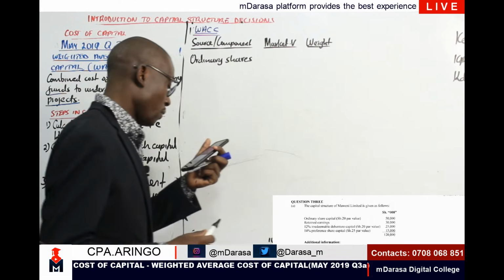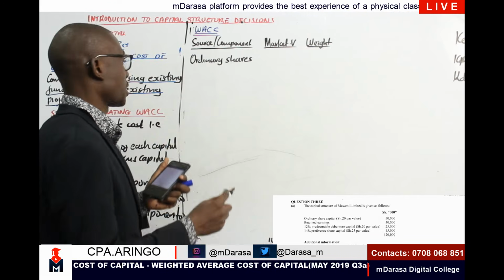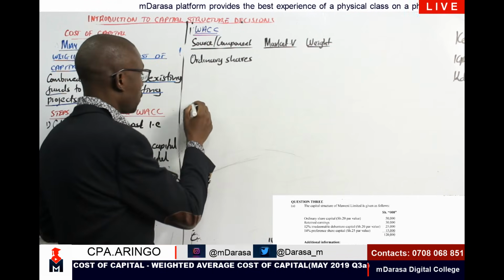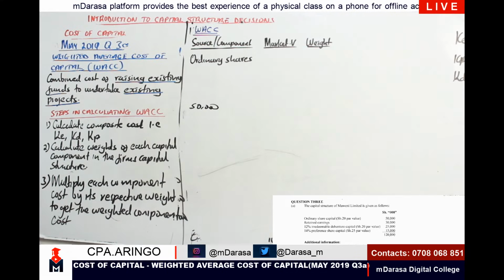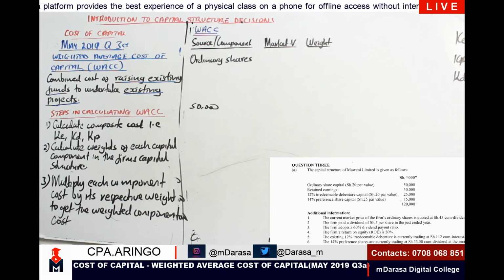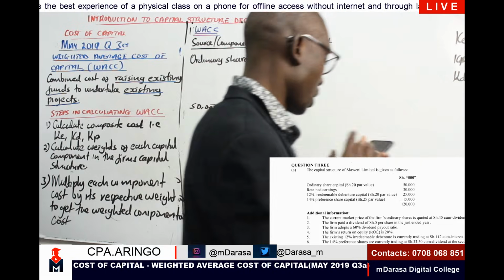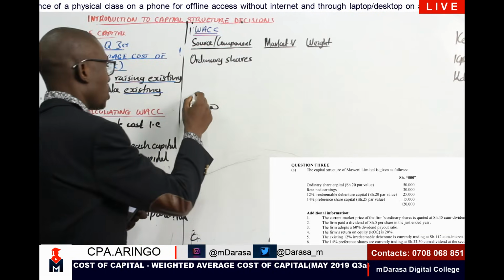So our capital structure constituted of 50,000. Look at our question clearly. Let me put it on top here so that all of us should be able to view it. Look at the value of ordinary share that you are given there. We are given 50,000, and of course our figures are in million.